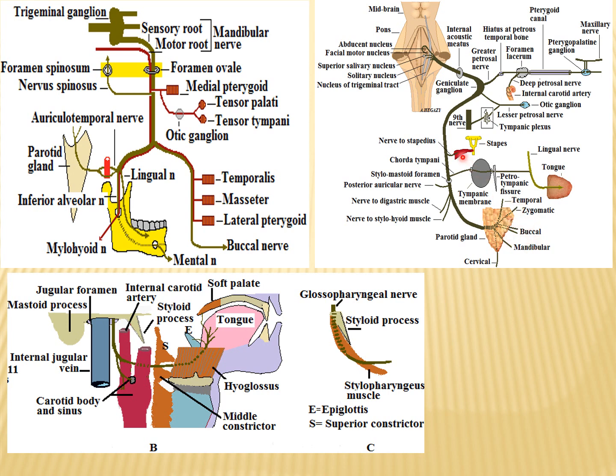This muscle, stapedius muscle, also gives nerve supply from the facial nerve, in addition to nerve to digastric, and nerve to stylohyoid muscle. This is a glossopharyngeal nerve, or ninth cranial nerve, supplying only one muscle that accompanies it. That is called stylopharyngeus muscle. Next.